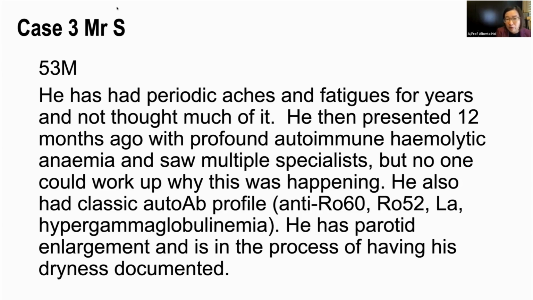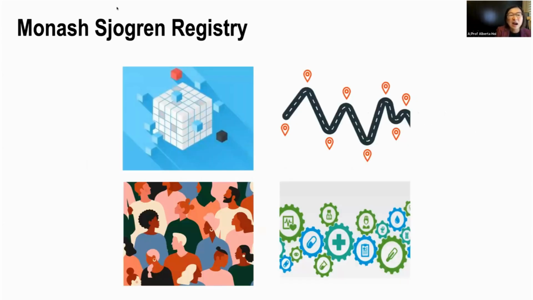He saw multiple specialists, and they couldn't really pinpoint why this was happening. But he also had a quite classic autoantibody profile, and in hindsight had a parotid enlargement, so he quite clearly had Sjogren's, but no one recognized that at the beginning of his illness.